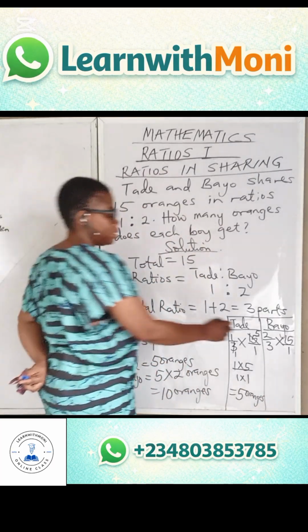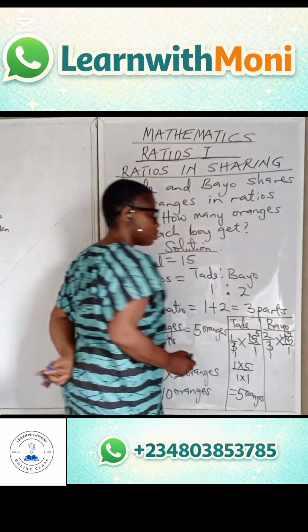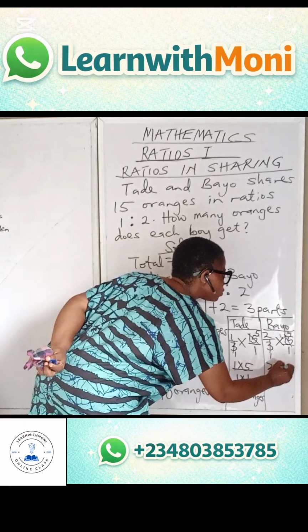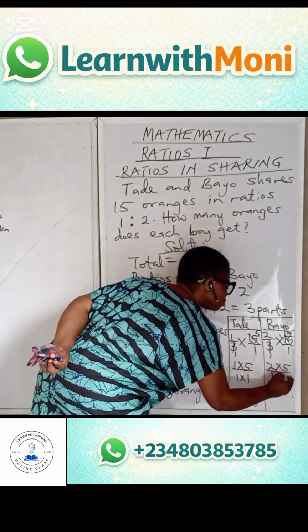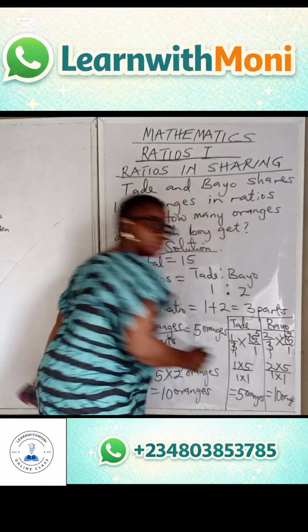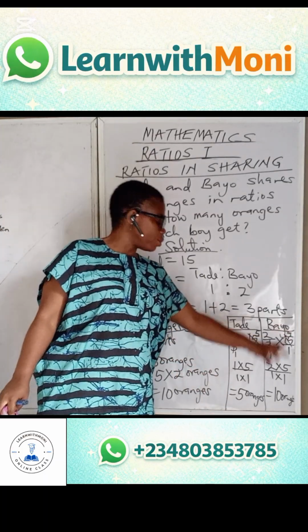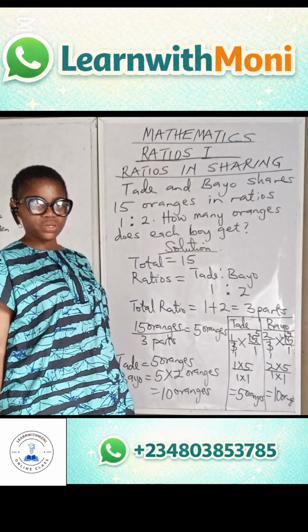Bayo, on the other hand, 3 divides 3 once. 3 divides 15 5 times. So Bayo takes 2 times 5 over 1 times 1, which is equal to 10 oranges. So Tade takes 5 oranges while Bayo takes 10 oranges.